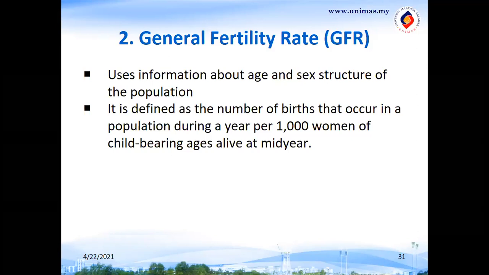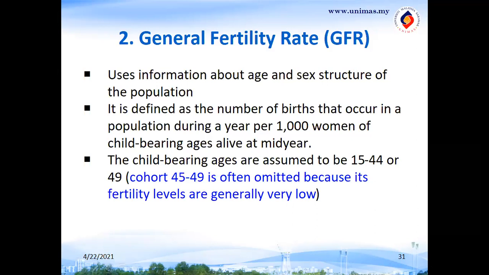In other words, between 15 to 44. Right, those are considered as childbearing ages. Okay, so it's defined as number of births that occur during a particular year for 1,000 women of childbearing ages alive at mid-year. Ya, jadi in other words, women who are still alive at mid-year lah, tengahan tahun tersebut.